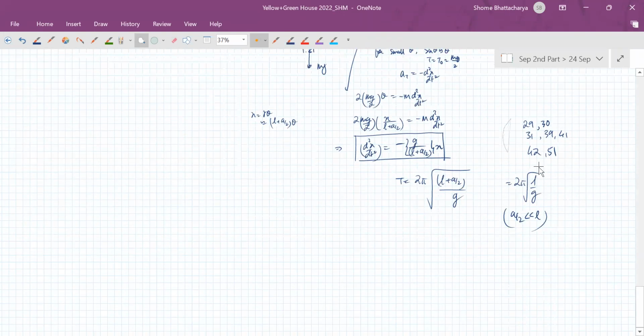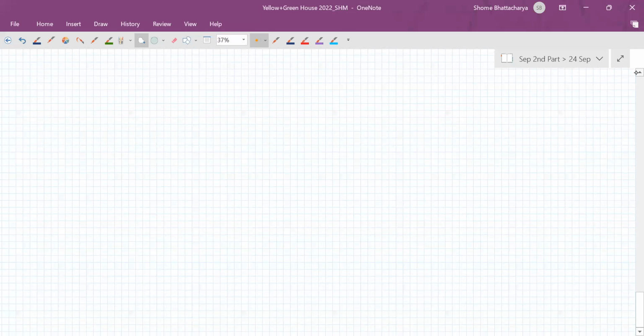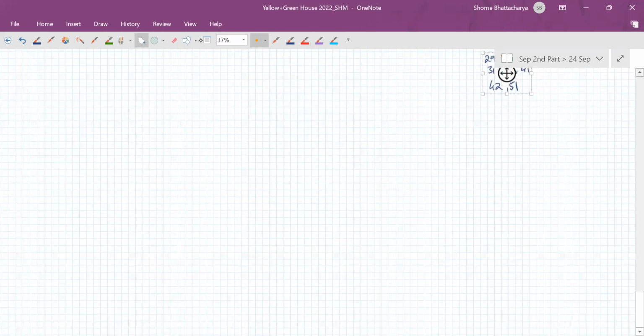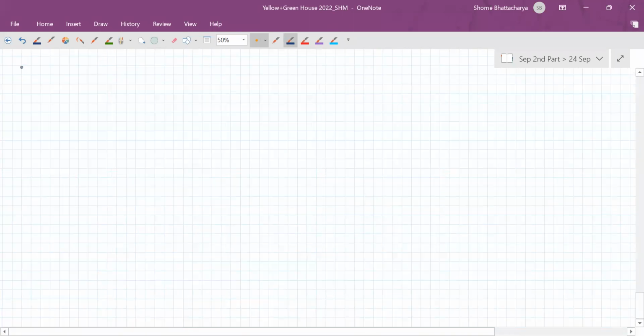Okay, let's move on to question 29 next. So 29 has a situation where there are asymmetrical slopes, 45 degrees on one side and 60 degrees on the other side, but frictionless surfaces.